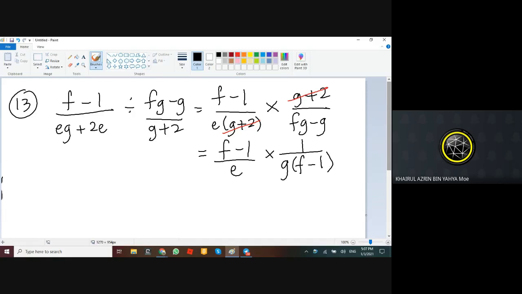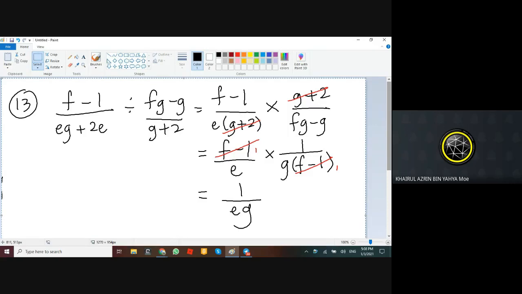So F minus 1, you can eliminate with this F minus 1, and this become 1. Final answer: 1 times 1 is 1 over E times G, EG. The answer is 1 over EG. That's the answer for question 13.